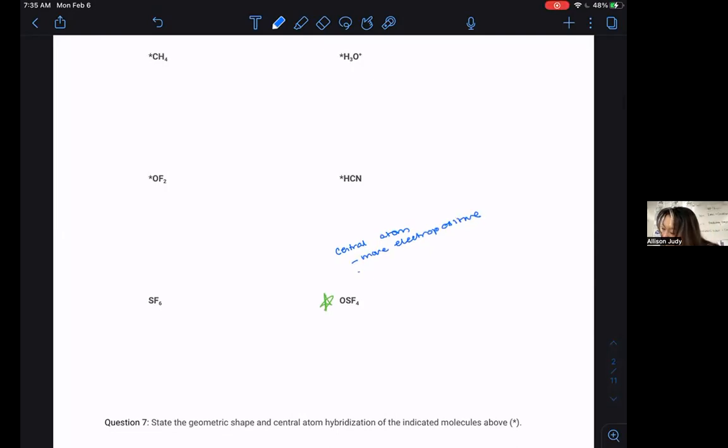Oxygen is very rarely, if ever, a central atom. We see here that oxygen and fluorine are both highly electronegative atoms. And we also know that sulfur is in row 3 or above, so it can handle an expanded octet.